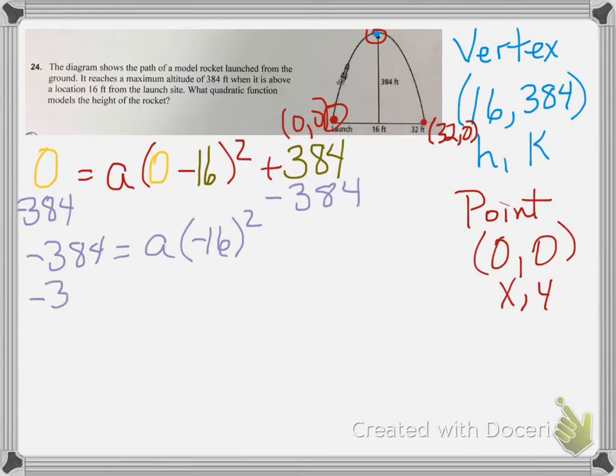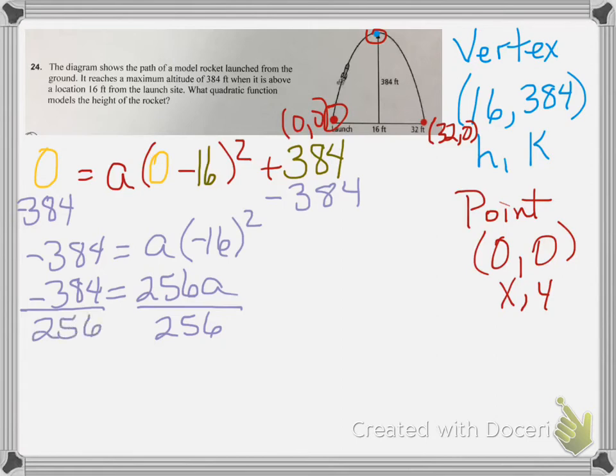Okay, so negative 384 is equal to, what's negative 16 squared? 256. 256a. And Nathaniel, what do I do to get rid of my 256 and get a by itself? Divide by 256. Okay, and that leaves me with a is equal to what, Nathaniel? Negative 1.5.